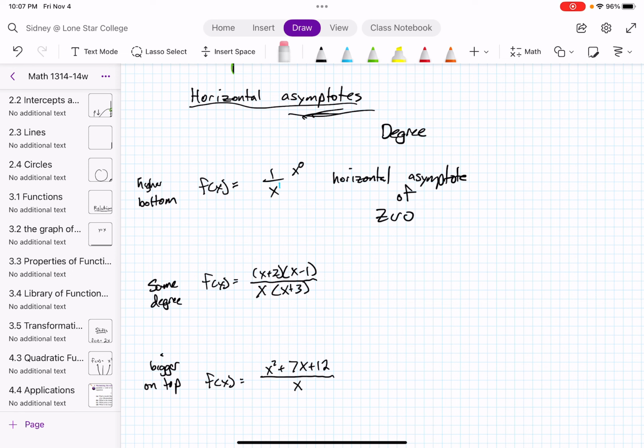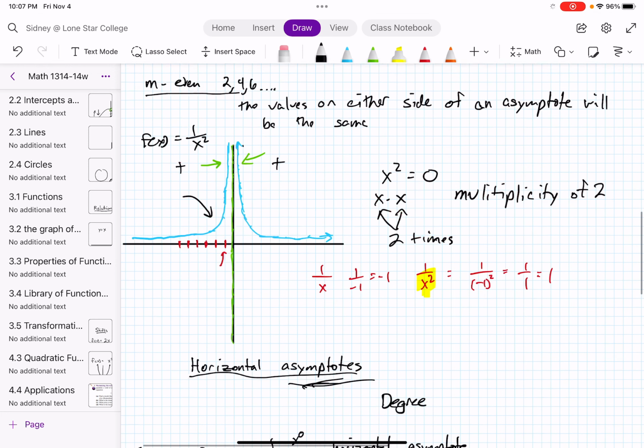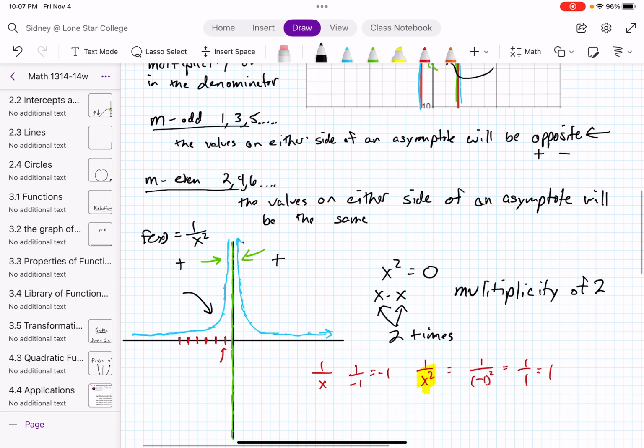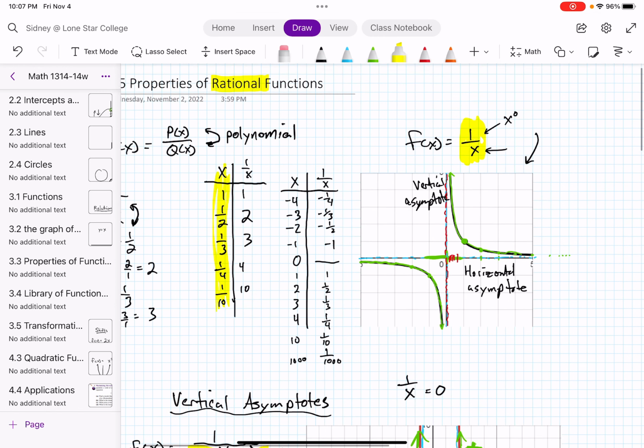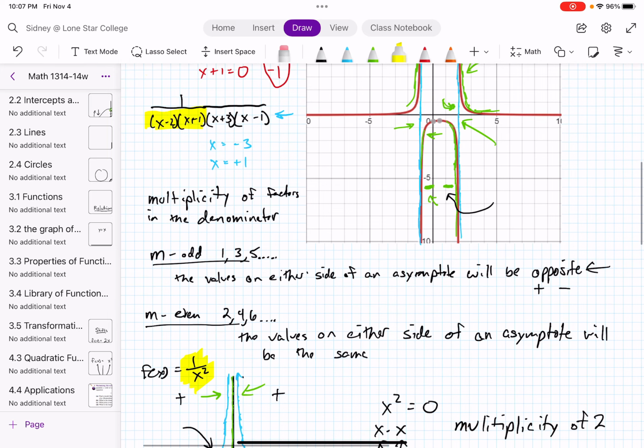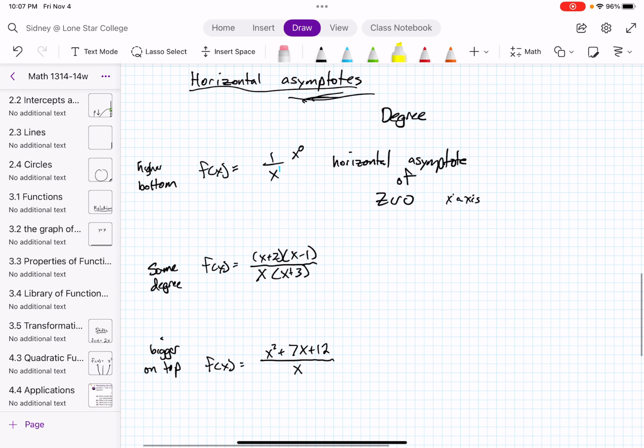Or in other words, the graph gets closer and closer to the x-axis. And that's what we saw in this example here, 1 over x squared. We saw it up here for 1 over (x minus 2) times (x plus 1), and in the original 1 over x here at the top. So it has a horizontal asymptote of 0, the x-axis.